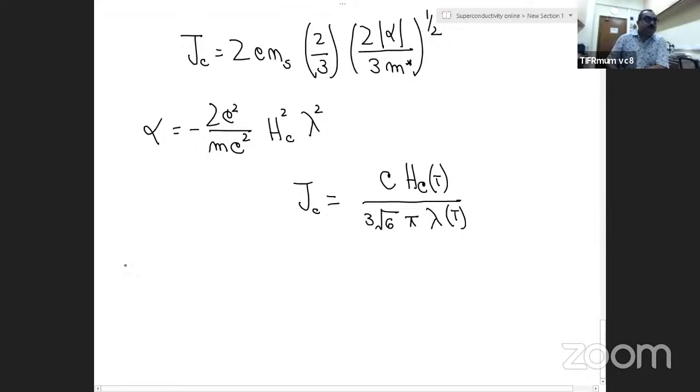and the simplistic estimate is just by equating the kinetic energy to the condensation energy. Can you tell me what you get?